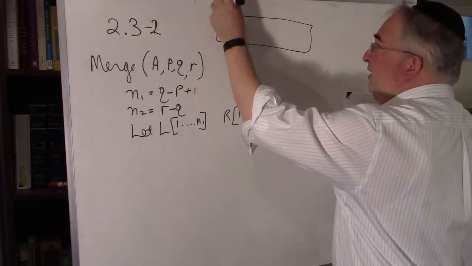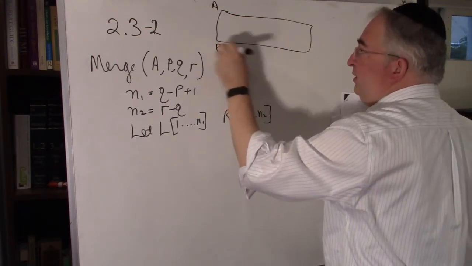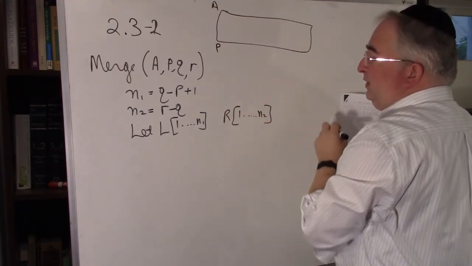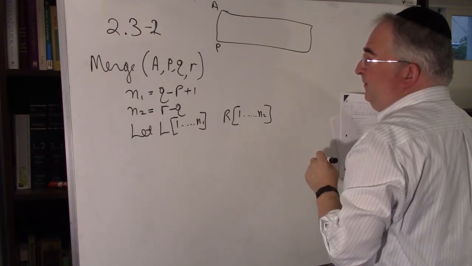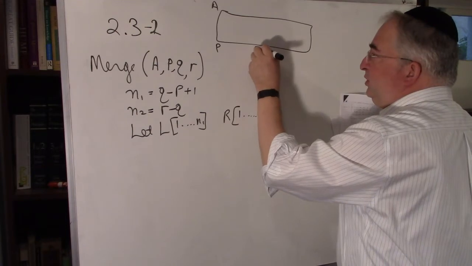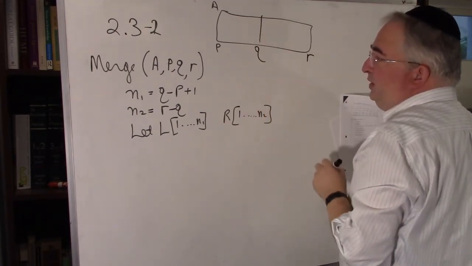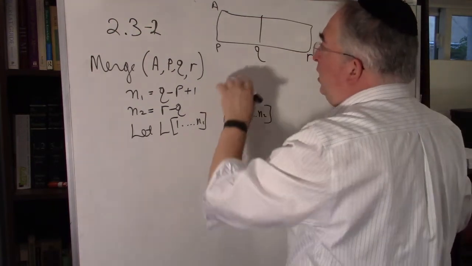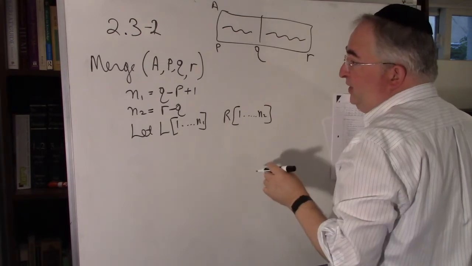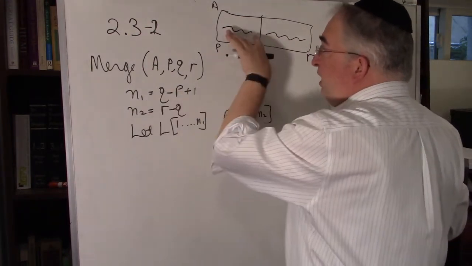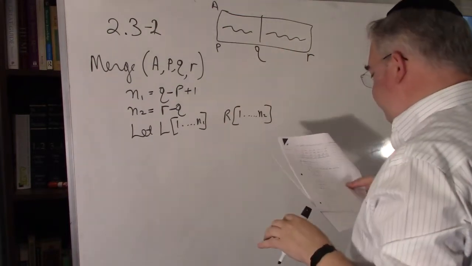You're going to have A, an array that starts at P, I'm sorry, I made a mistake, this is going to be Q, and this is going to be R. So this is going to be the midpoint, and this is a sorted array, and this is a sorted array, and you're going to bring them together. This is going to be the size of the left side, this is going to be the size of the right side.